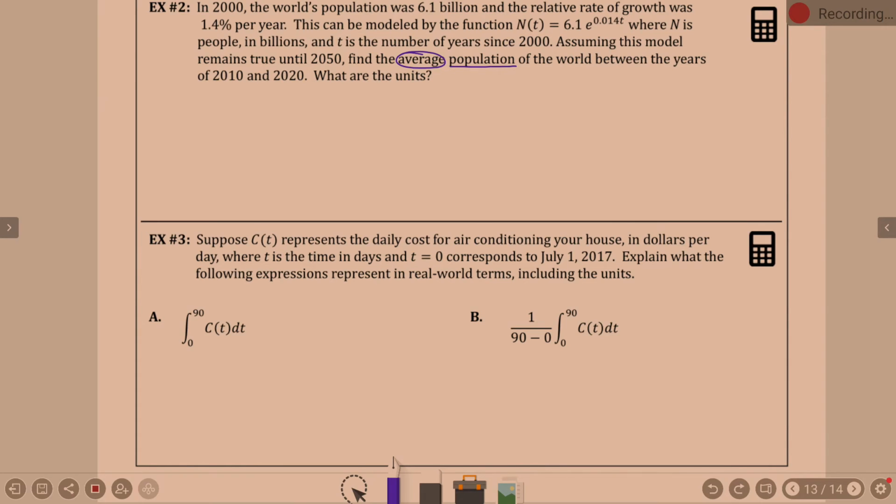So what's that telling me to use? 1 over b minus a times the integral from a to b of f of x dx, yes? All because I saw the word average. Well, not only because I saw the word average, but okay, thoughts? What do we know? What are A and B going to be?